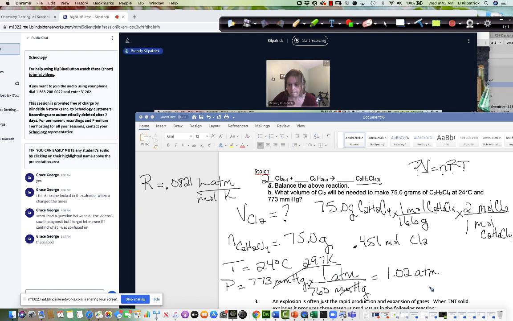So I have that, I have that, I have my moles, so now I can just plug everything into the ideal gas law. So my pressure is 1.02, volume is unknown, my number of moles is 0.451, the ideal gas law constant is this, and my temperature is 297.